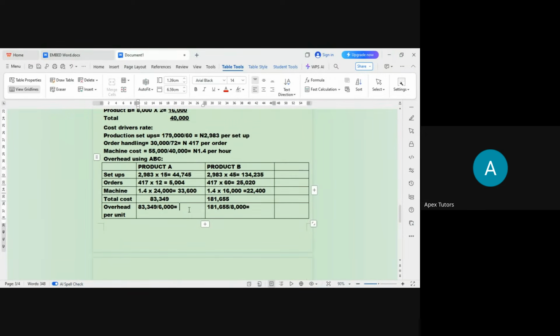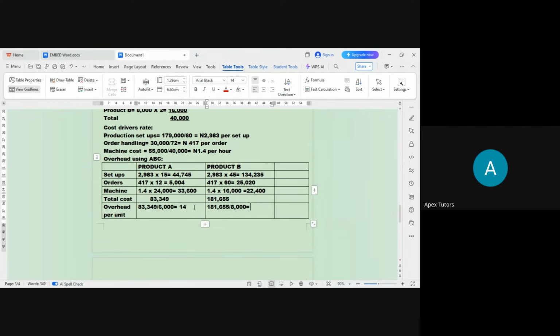So the result will be what? For this, the value is 14. And for this, the value is what? I think the answer is 13.89.